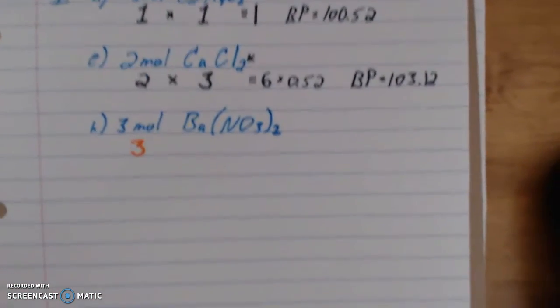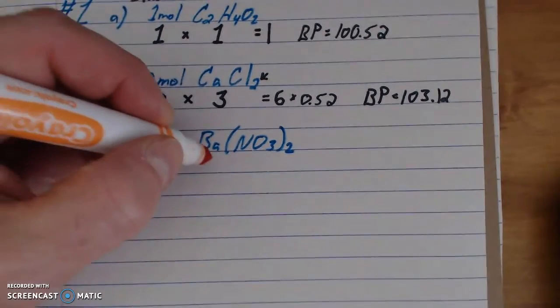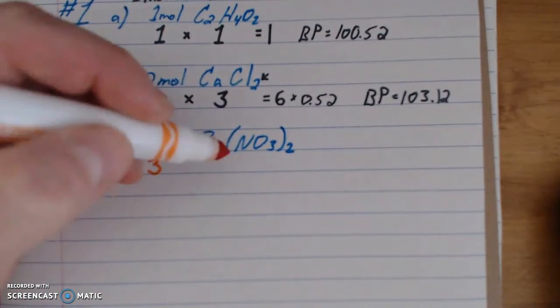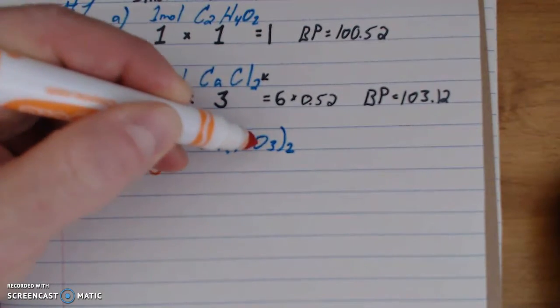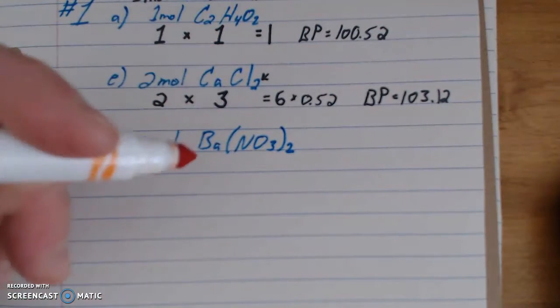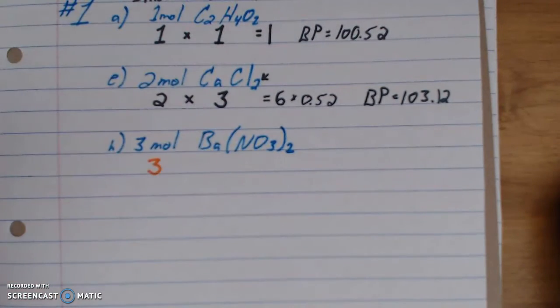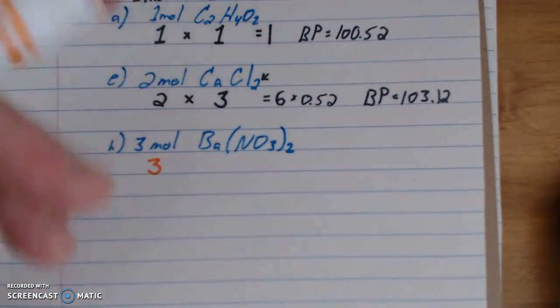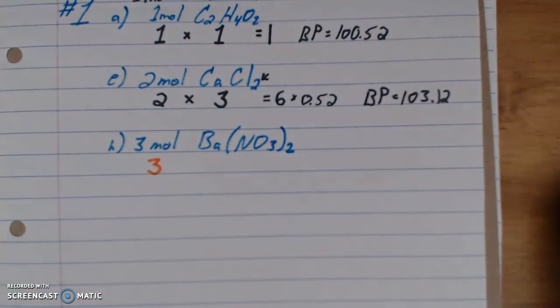So look, we have 1 barium, and you see how there's a capital B, a capital N, and a capital O. Guys, if there's more than 1 capital letter, we have a polyatomic ion, right? So NO3 is your polyatomic ion, and it's right there in your reference chart, that whole table of all your polyatomic ions. You won't be responsible for anything other than those.